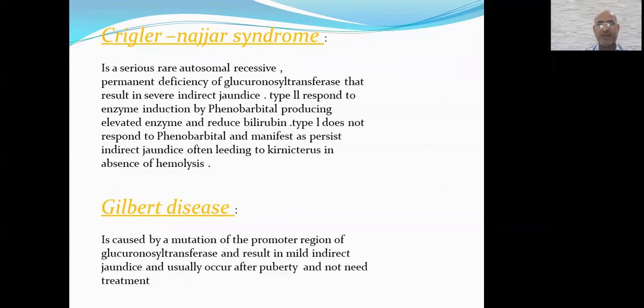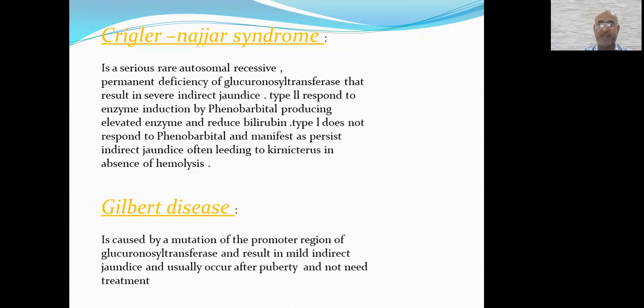If we have a high level of indirect bilirubin in absence of hemolysis, here we think about Crigler-Najjar syndrome. As you know, a high level of bilirubin generally indicates hemolysis of the RBCs.